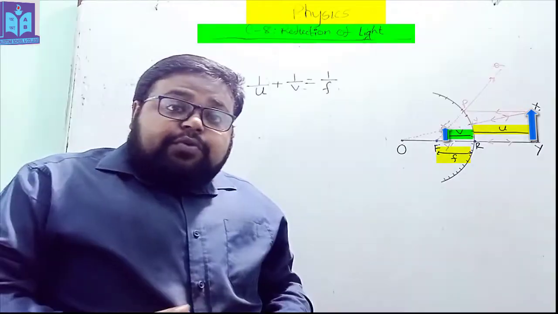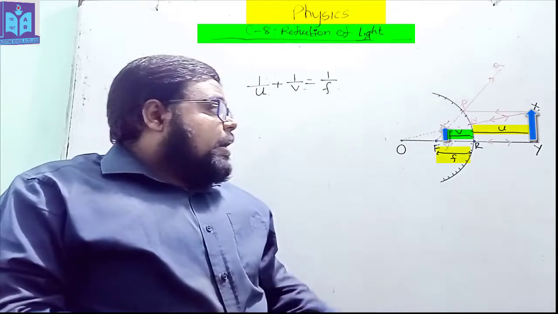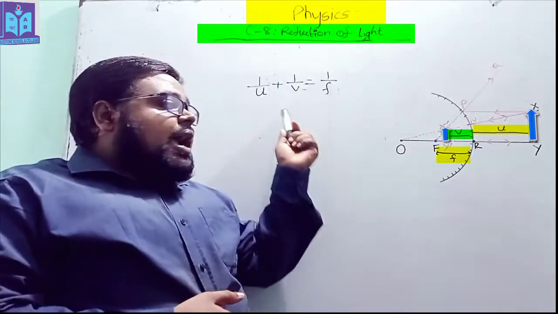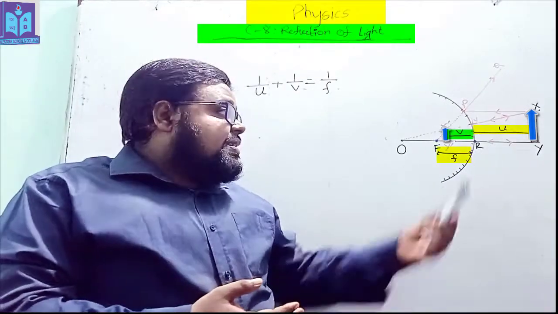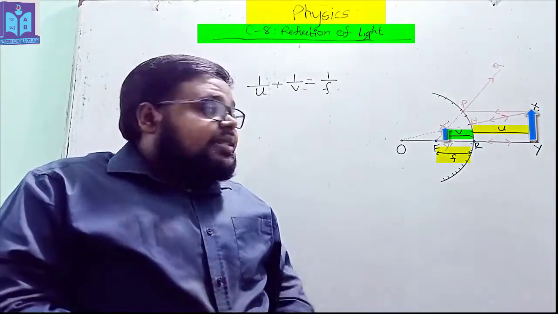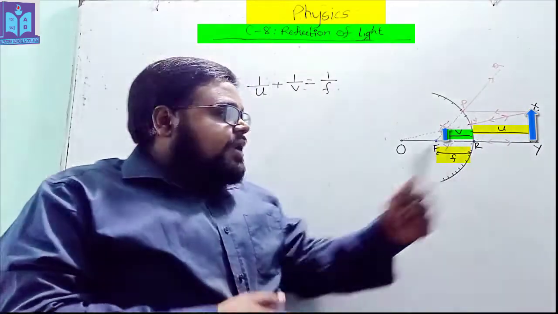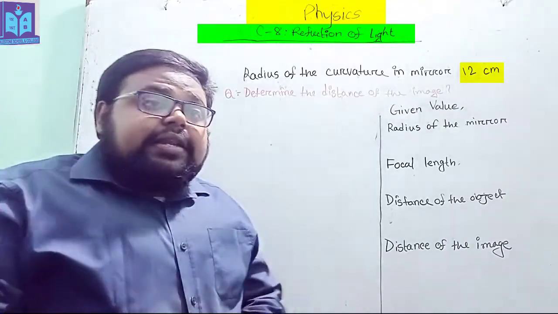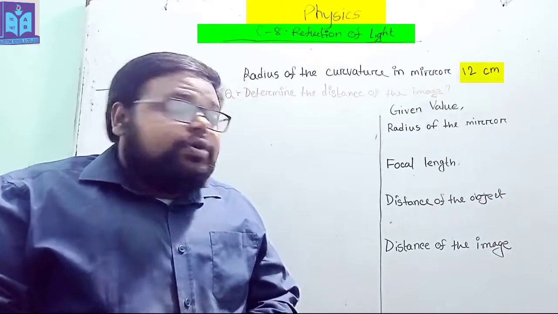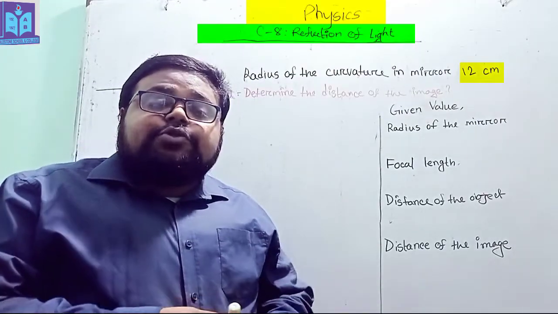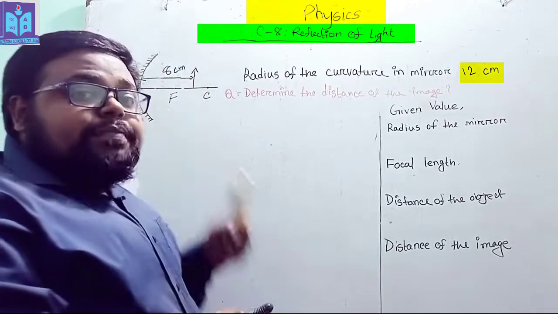Now I will show you a mathematical example where I will use this formula and find the distance where the image will be created, by using the distance of the object and the focal length. My dear student, now I will try to find out the distance of the image. That means in which place the image will be created in a concave mirror.